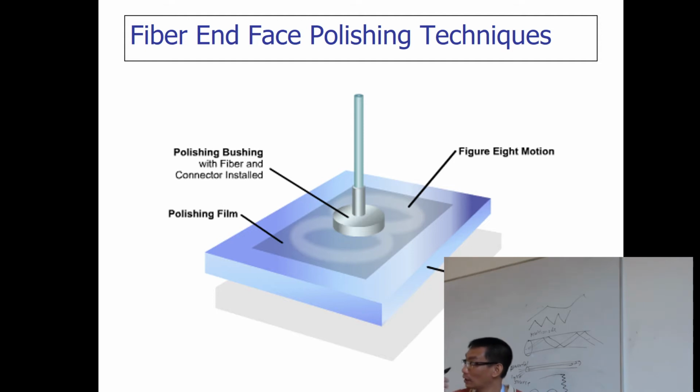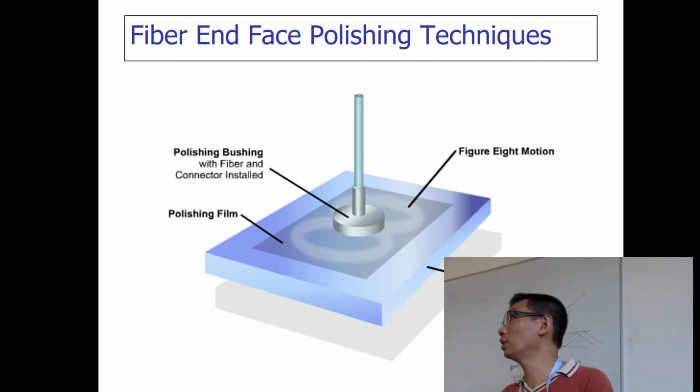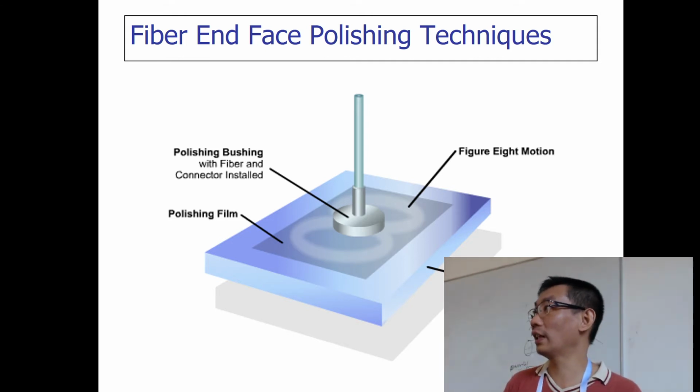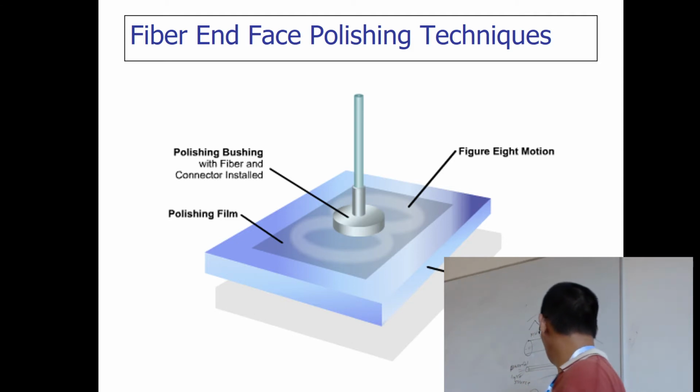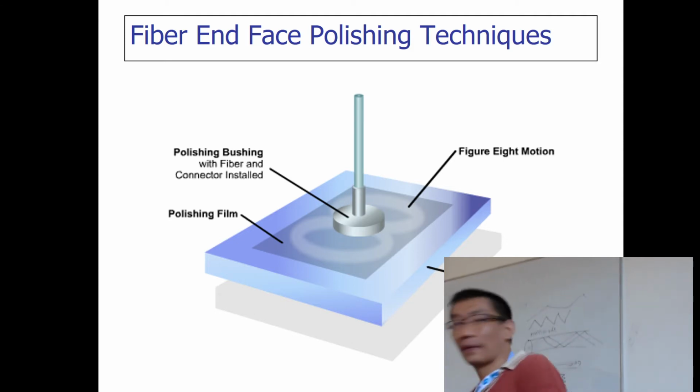So you have to polish it using the polishing film so that it becomes even. One end is roughly even already. Then the other end. Only then can you join it together and fuse it.